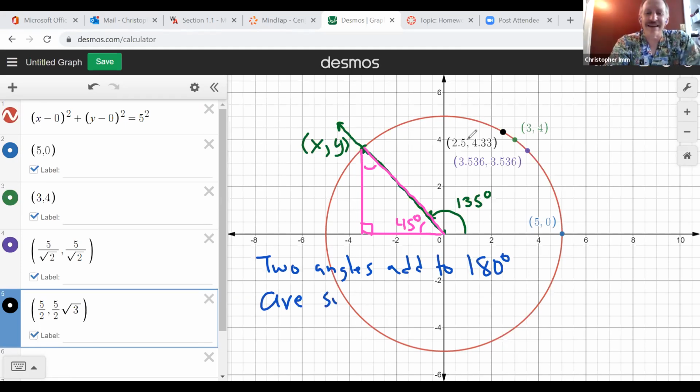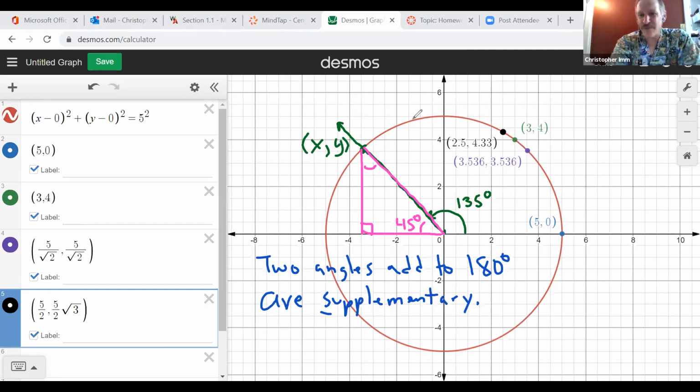Somebody told me, I think it was in one of the videos, that complementary C is in the alphabet before S. So C is the one that goes to 90 and S is the one later that goes to 180. However you memorize it, that's cool. So we have supplementary angles there, 135 and 45.